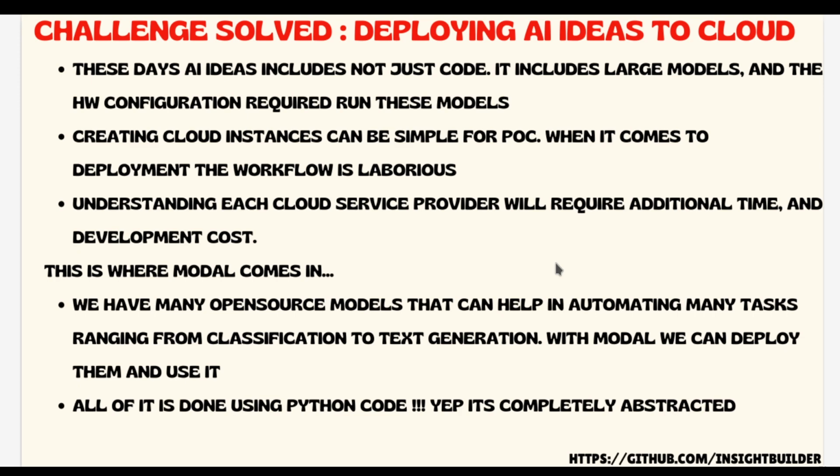Today, AI ideas are not just code. They also contain large language models that are really huge. Code, on the contrary, at maximum comes in MBs. Even if it is a huge code base, it comes in MBs. But models by themselves can cross GBs.